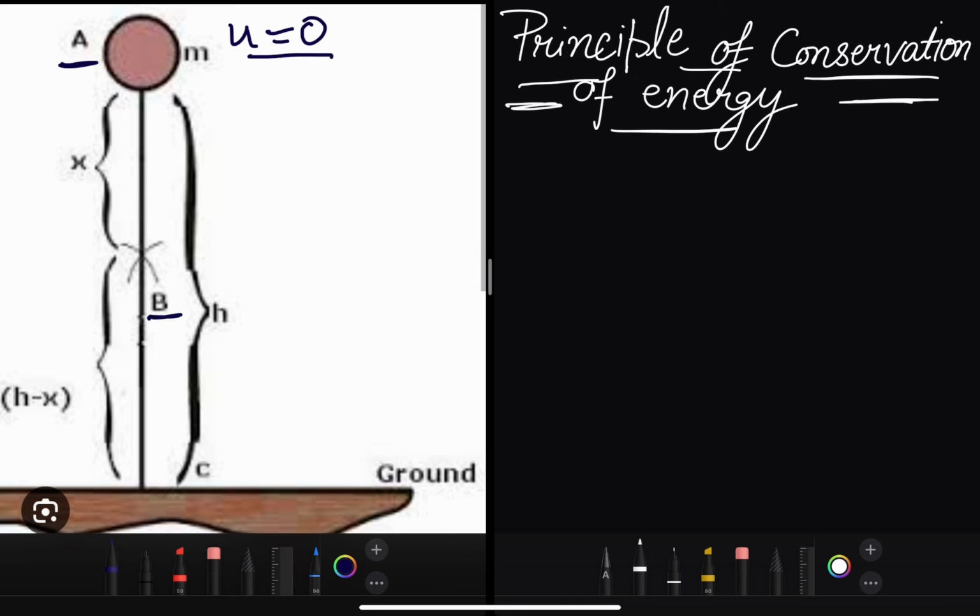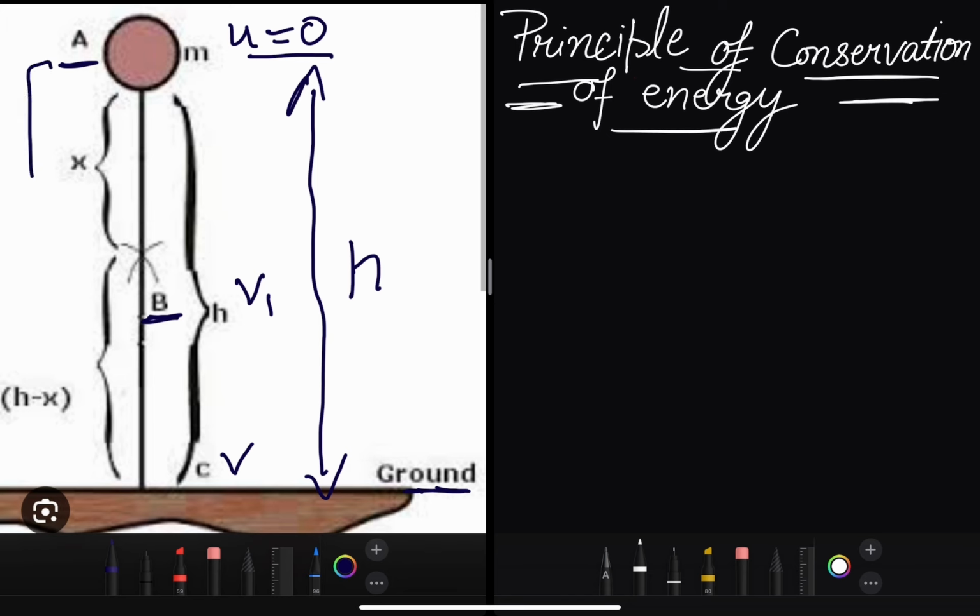At point B, because it comes in motion, it will acquire some velocity v1. When it reaches near the ground, its velocity will be v. The total height from the ground is H. The distance between A and B is X. Then the distance between B and C is H minus X. I hope it is clear.